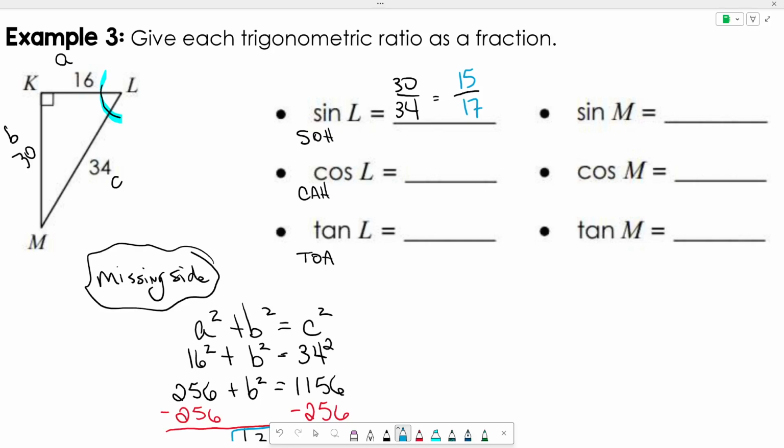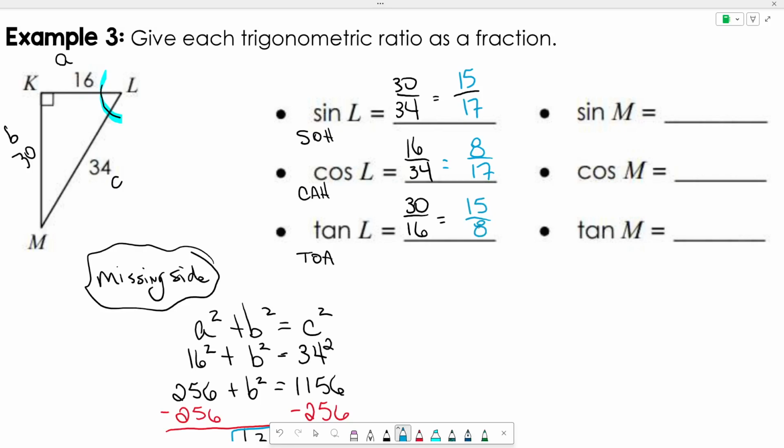Now the cosine of angle L, my adjacent would be 16 over the 34 still. To simplify this one, I would have 8 over 17. And then my tangent. The tangent is the opposite over the adjacent, so I would have 30 over 16, which would simplify to 15 over 8.